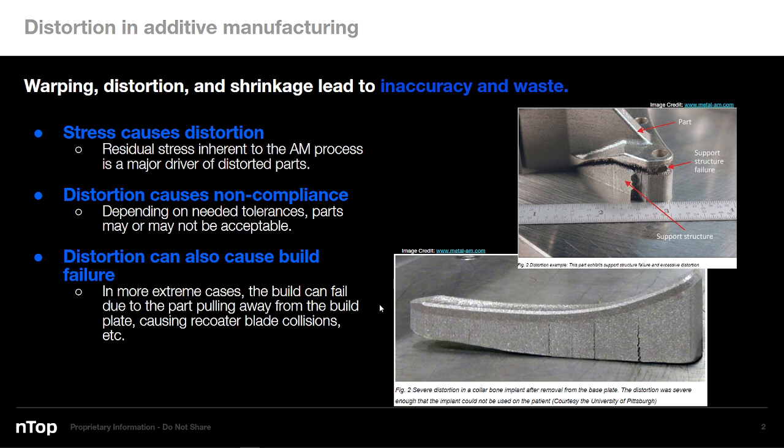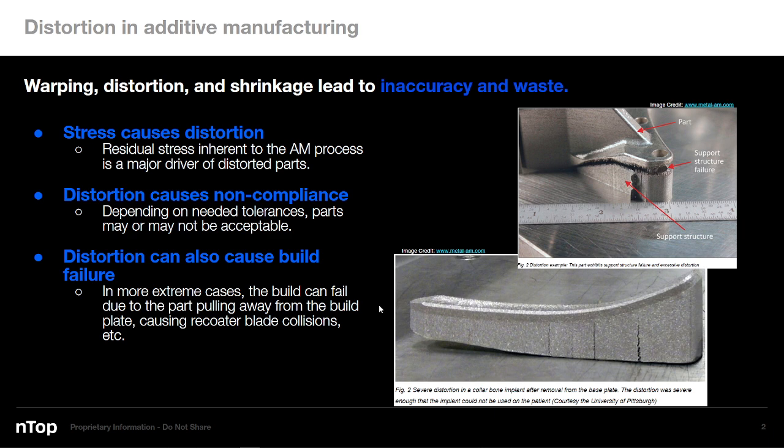In that case, residual stress inherent to the AM process is the major driver for the distortion that's occurring. This could certainly also apply to polymer processes as well.